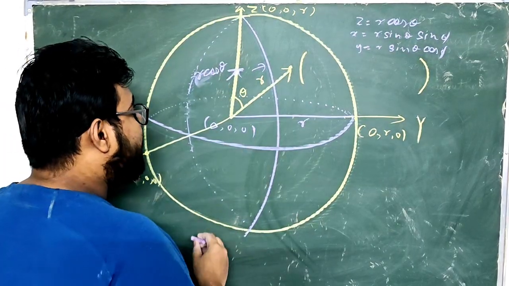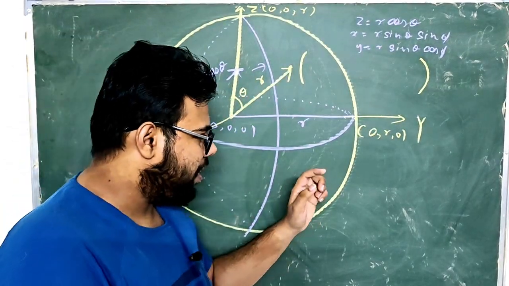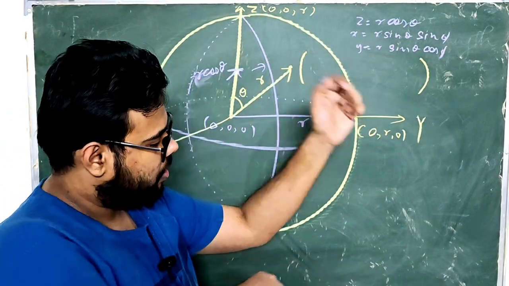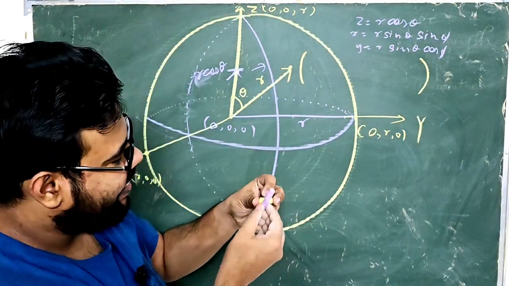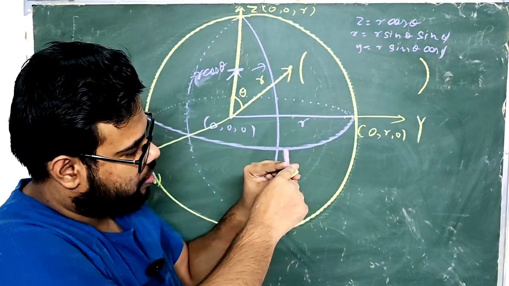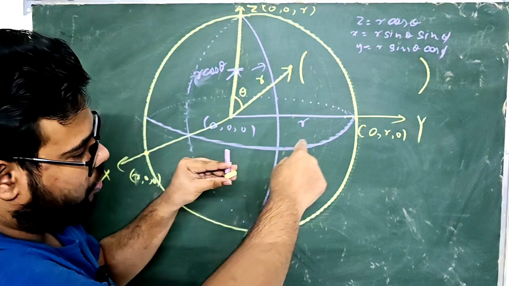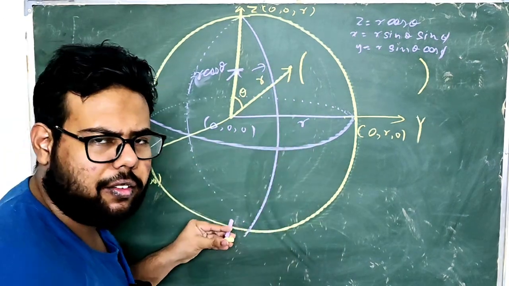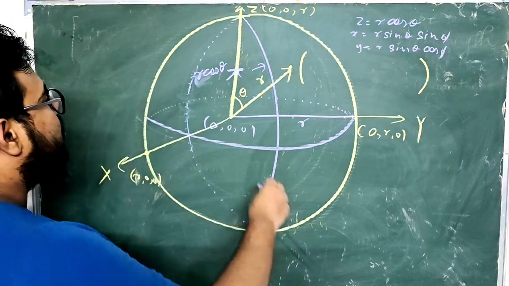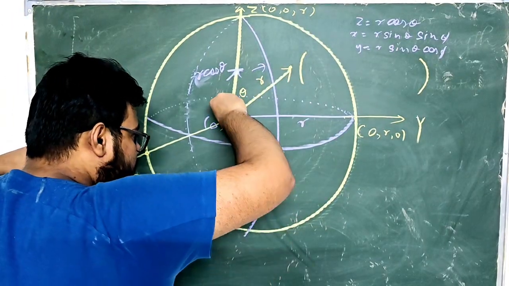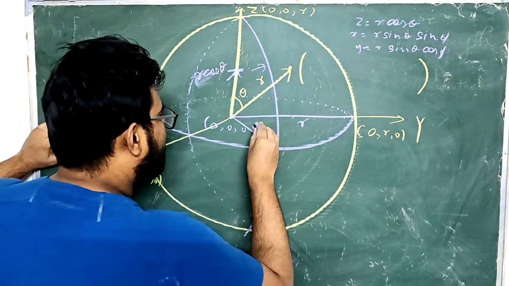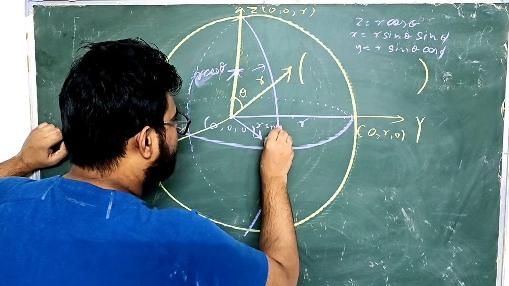Since r is not on the yz plane, suppose this is the yz plane and it is going outside or inside, wherever you want, but it is not on the yz plane. So the component on the xy plane will be r sin theta.